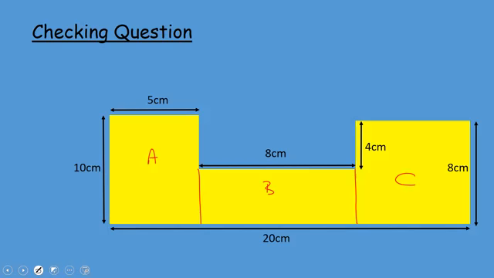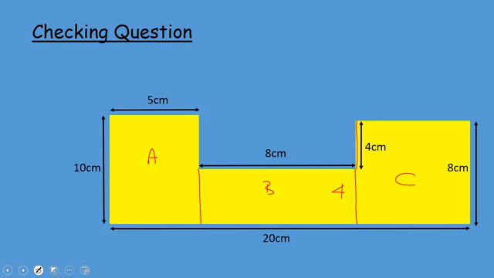So let's have a look if we can work out what the height of C would be, sorry, of B. So the overall height of C, we can see is 8. So if we come down here, we're taking 4 away from that 8. So the height of B must be 4.